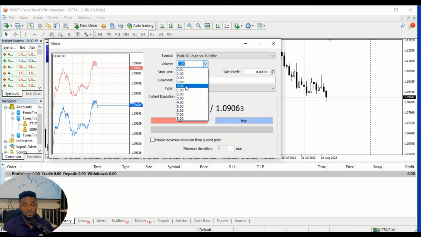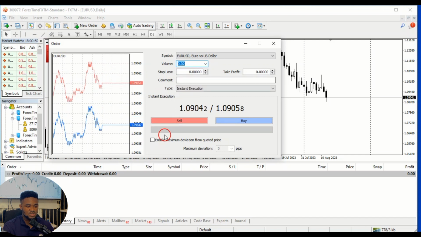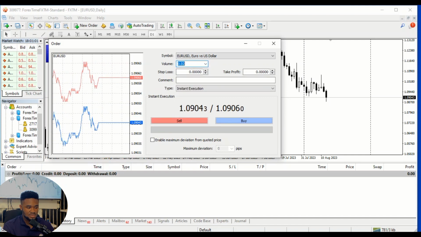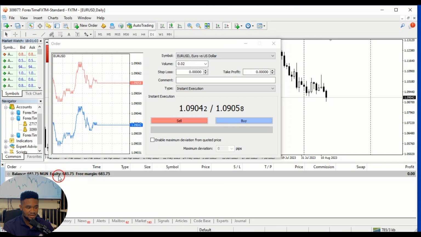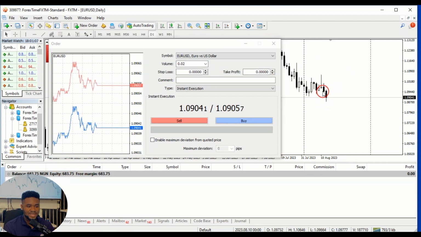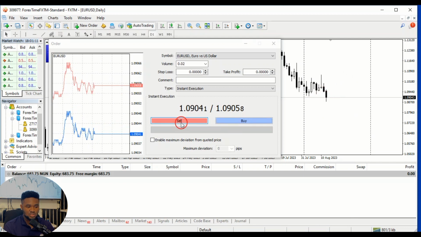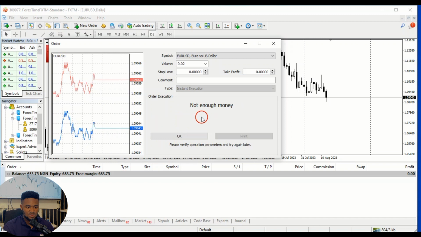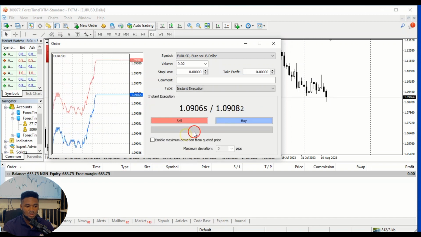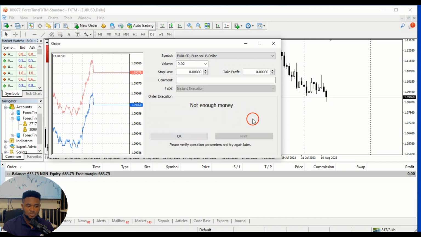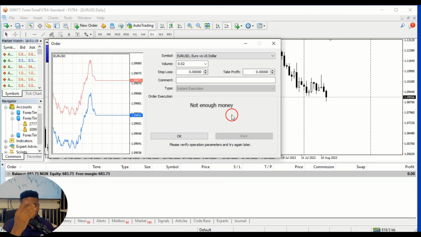Don't exceed 0.05 as a new trader. So let us use 0.02. There's no money in this account. This is just a 600 naira account, so it's not really going to execute. So if you want to buy this market at this point, all you have to do is click sell, not enough money, or buy, not enough money. If there was enough money, you'd have sold or you'd have bought.